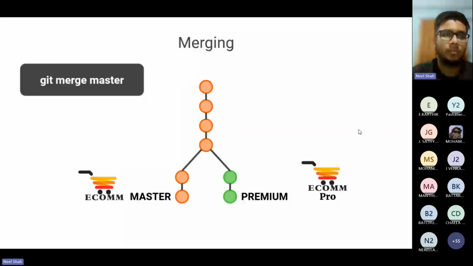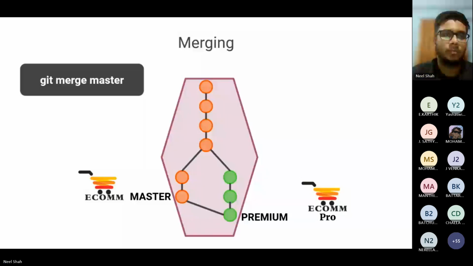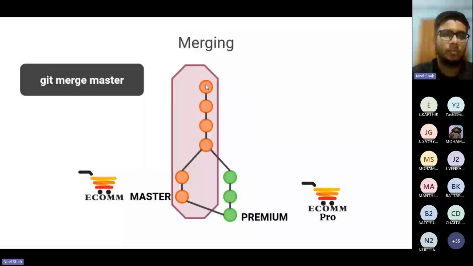So how will it merge? It can go any way. There is a proper flow where we can merge, or you can just see what is going to happen. This is the normal app.